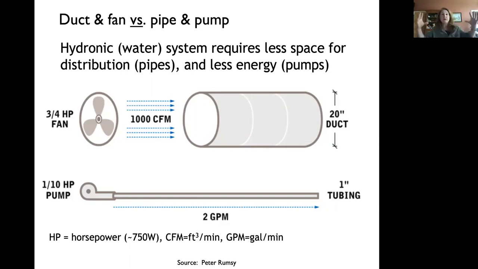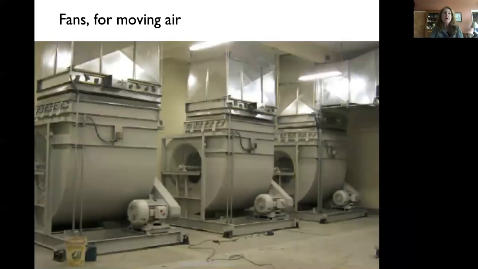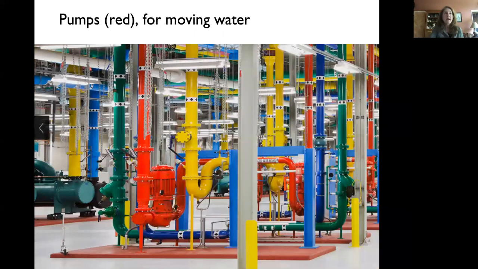So you've got bigger ducts, bigger fans, you've got smaller pipes, smaller pumps. So that takes up much less room. Here, for example, is just a typical size of fans in a mechanical room compared to the pumps that you see in red in a mechanical room. So much, much smaller.